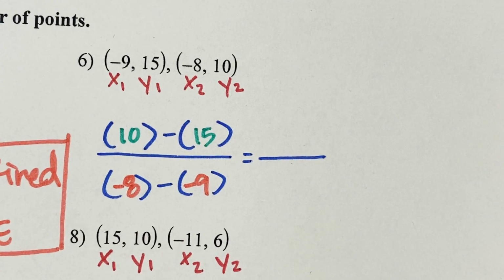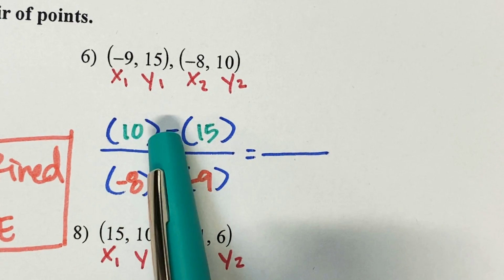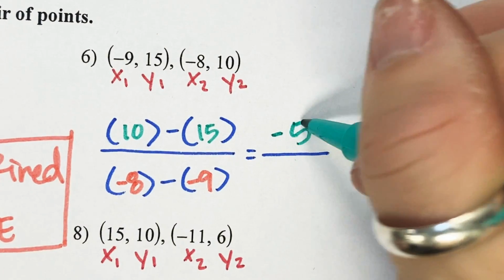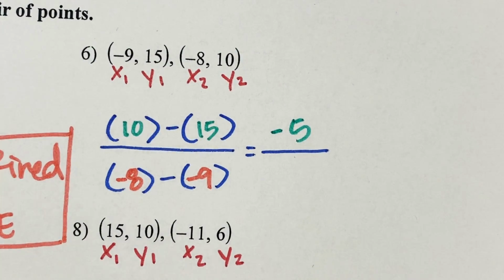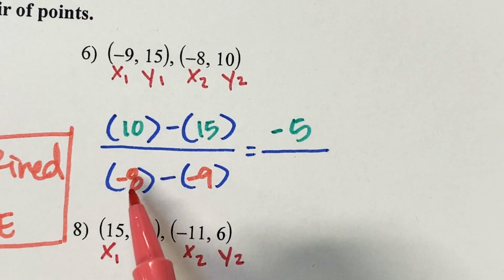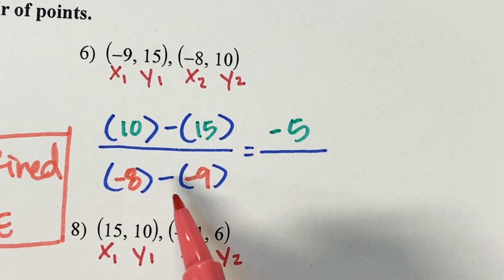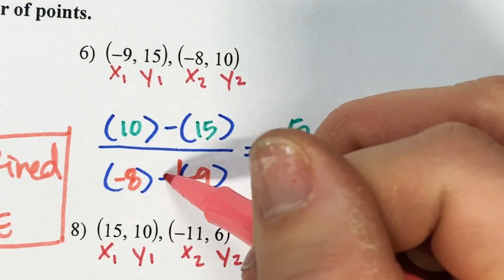Okay, so let's go ahead and solve. On top we have 10 minus 15, which is going to give me negative 5. And then on bottom we have negative 8 minus a negative 9. What happens with this double negative you see right here? Turns into a positive.